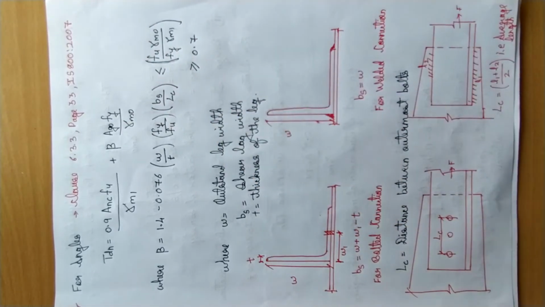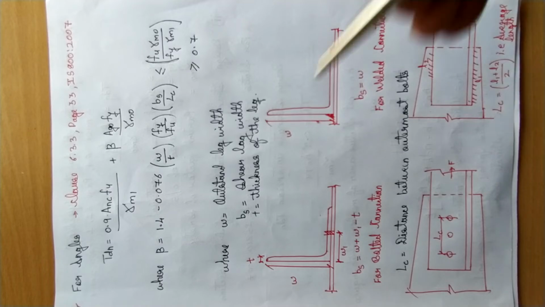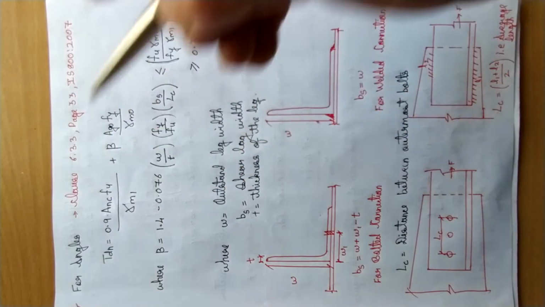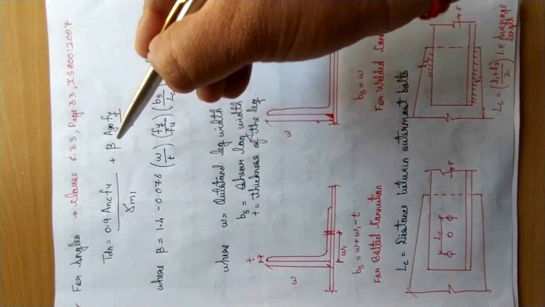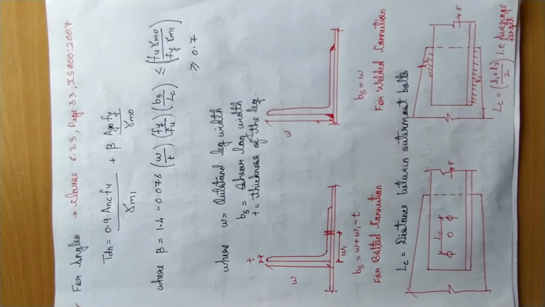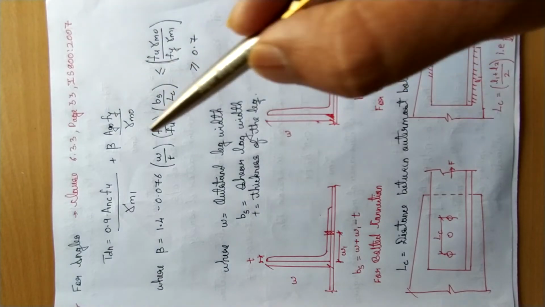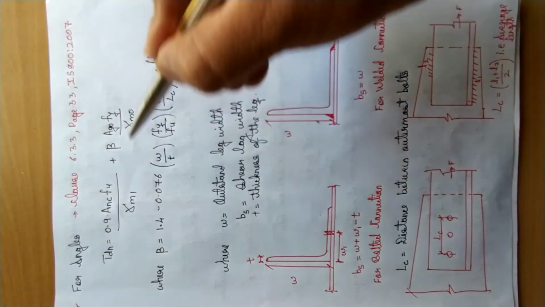So whenever you are solving with angles, remember that you should know which is the connected leg and which is the not connected leg. The connected leg is used in the calculation of Anc, and the not connected leg is taken into the calculation of Ago, that is called outstanding. Now, this formula is explained.